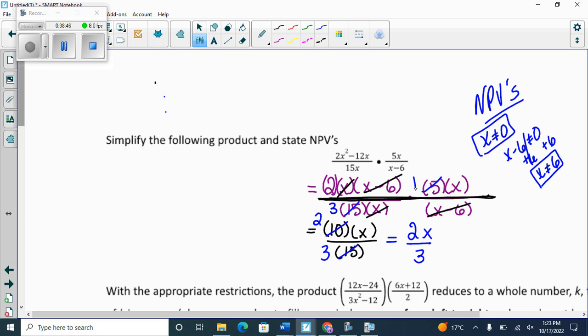Sometimes it's actually harder for people to cancel it here. So I tell them to not cancel it there, put them together, and then cancel it here. I would rather you do an extra step and not mess up, which is honestly, a lot of people struggle canceling them off here. It's totally fine. If that's you, don't do it there. Do it here. Do an extra little step. No big deal. Okay? And then x can't equal 0 or 6.